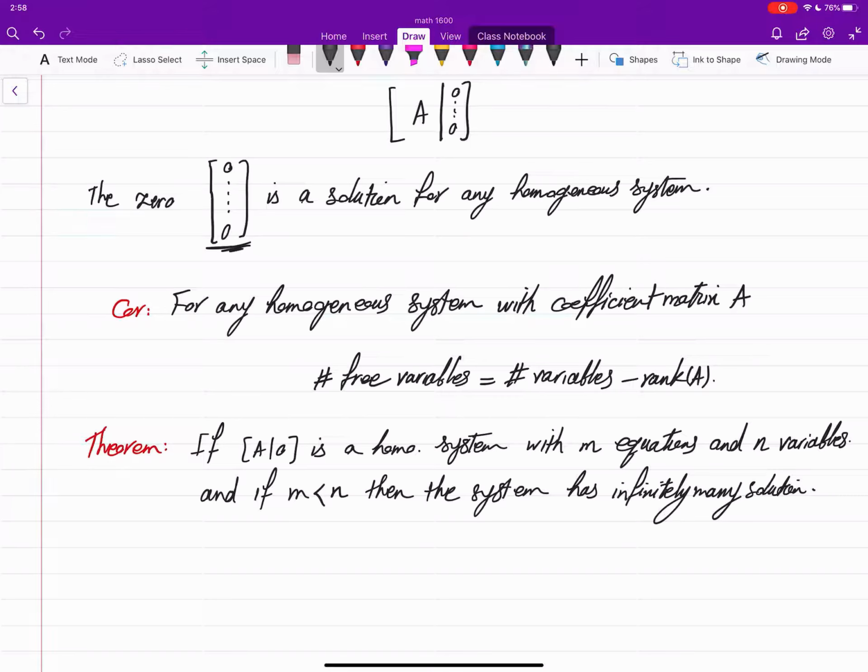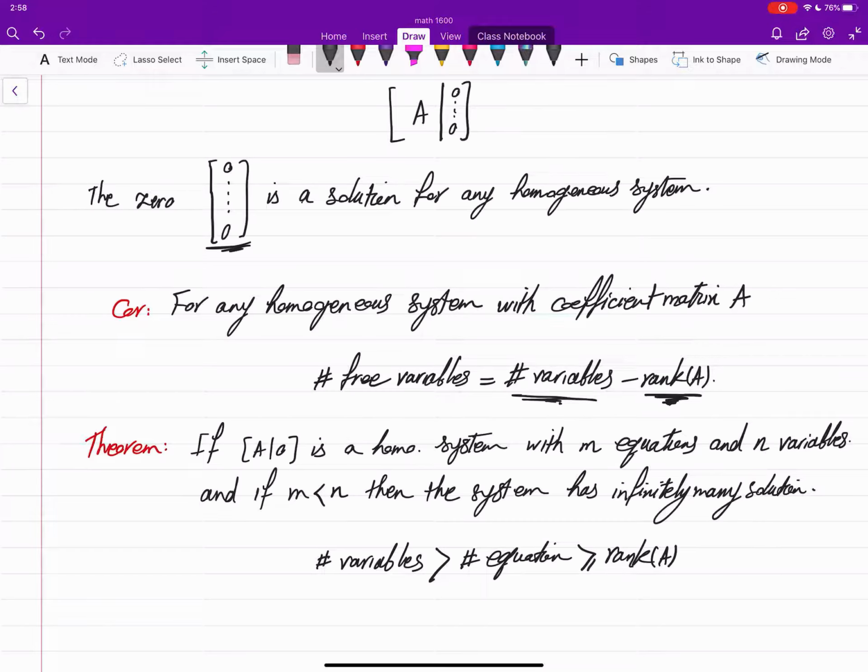You see, the rank is at most equal to the number of equations, the number of rows, yes? So if the number of variables is bigger than the number of equations, then the number of variables is bigger than the number of equations, which is a cap for rank A, because we count the number of non-zero rows in the row echelon form.